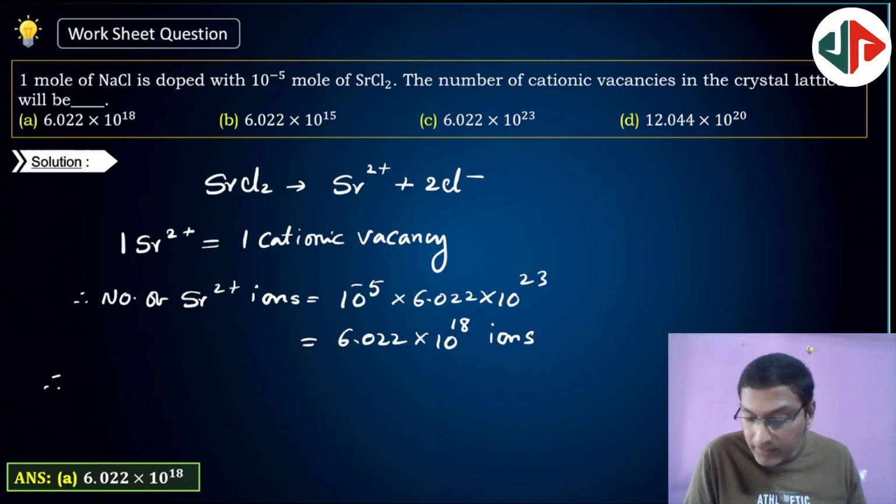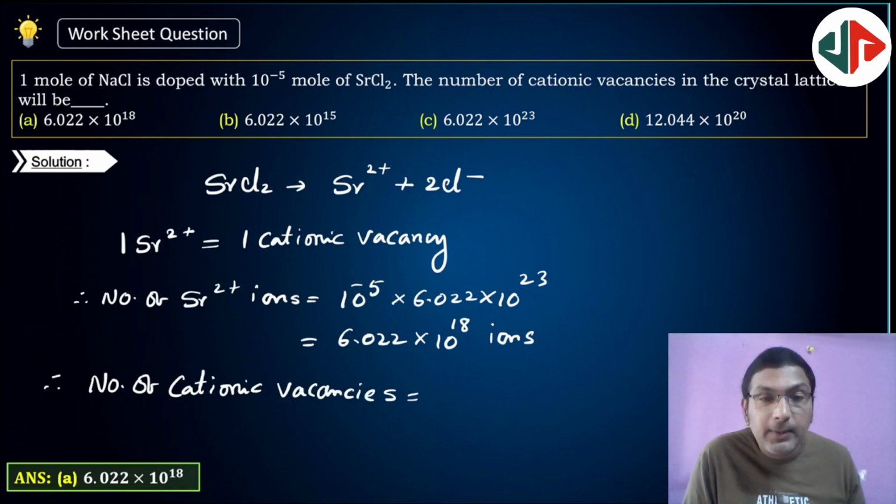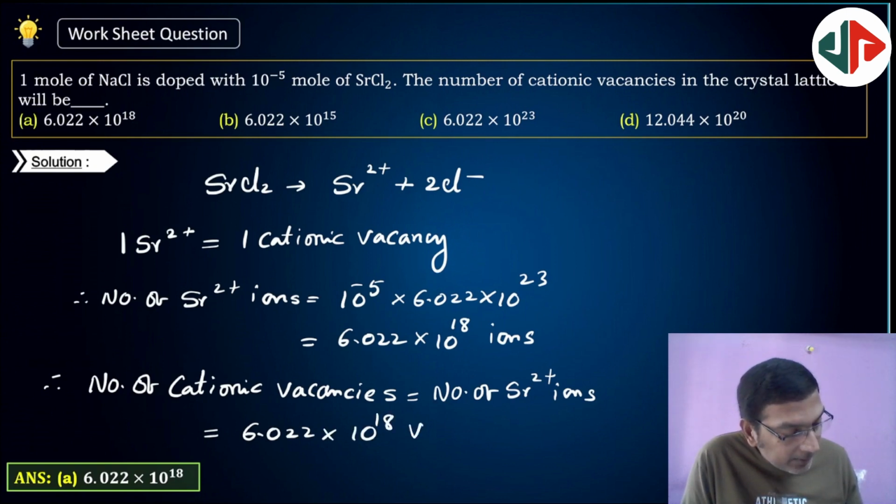So therefore, number of cationic vacancies equal to number of Sr2+ ions. That is equal to 6.022 into 10 power 18 vacancies. The option A.